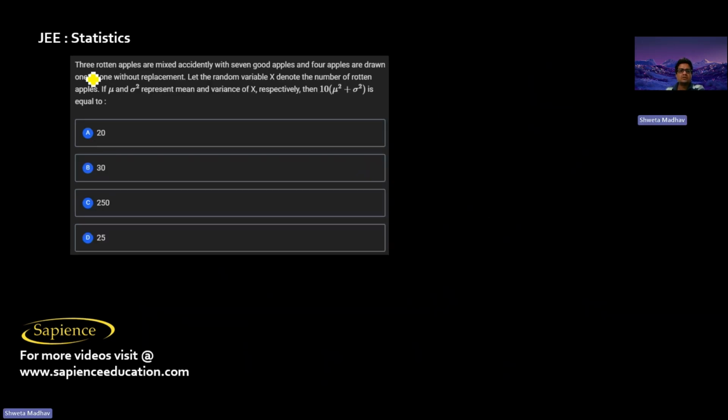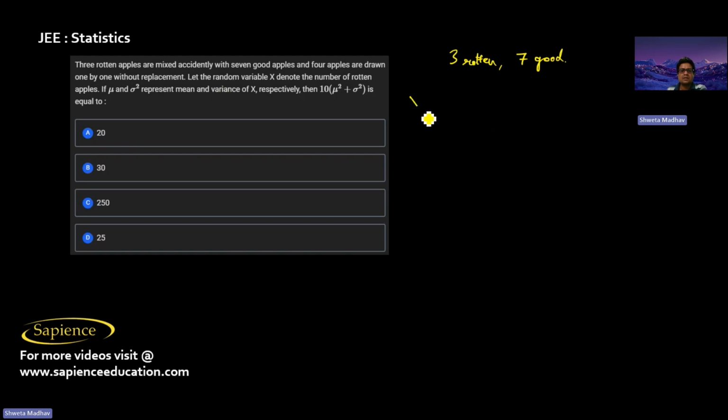Here it is told 3 rotten apples are mixed accidentally with 7 good apples, and 4 apples are drawn one by one without replacement. Let the random variable x denote the number of rotten apples. So there are 3 rotten and 7 good apples. 4 apples are drawn at random one by one without replacement.